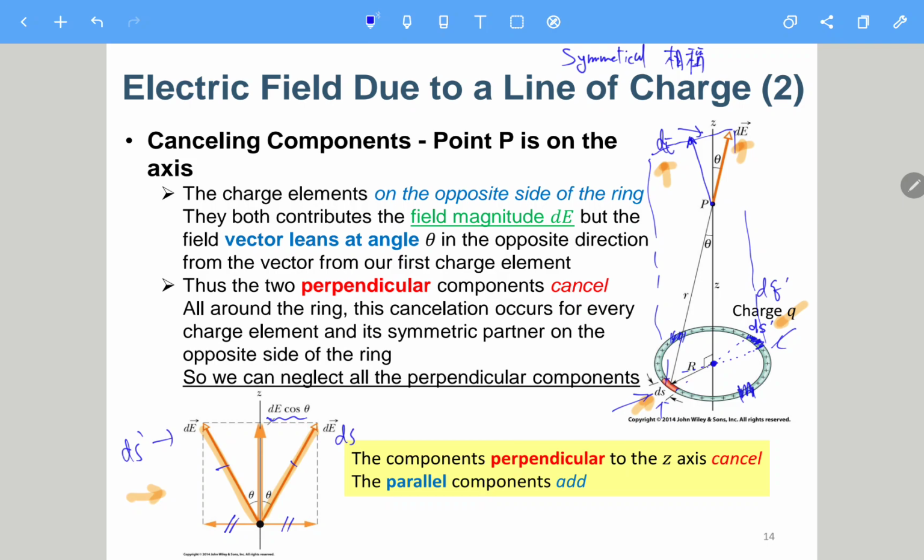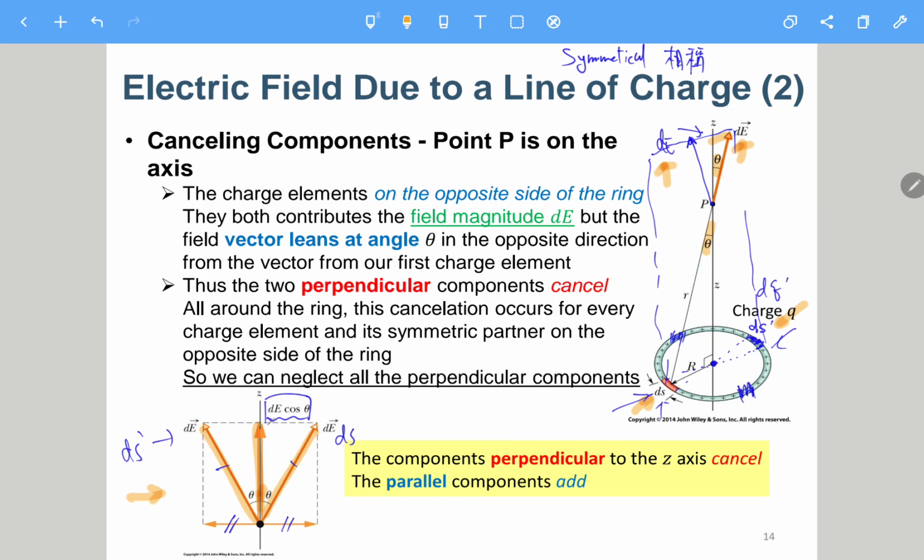Okay, so finally, we only need to consider the vertical component at point C, which is dE times cosine of theta. Theta is this angle. So the z-axis component should be dE cosine of theta, because this is the adjacent side.